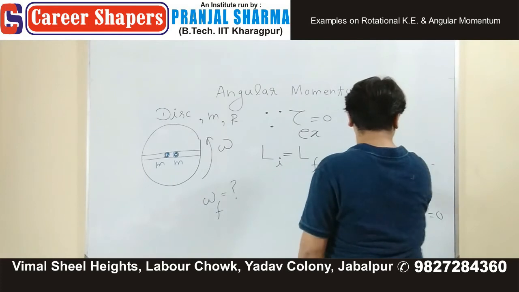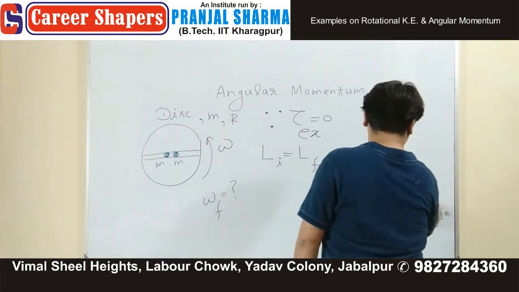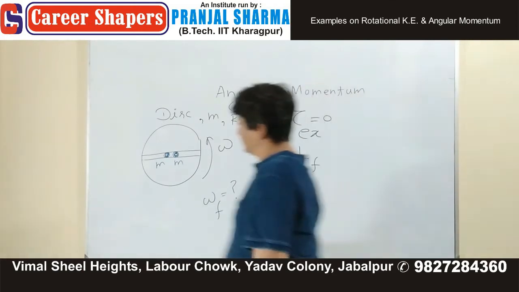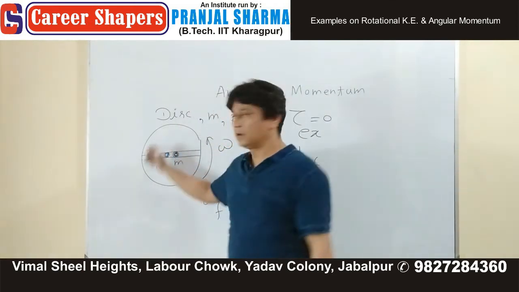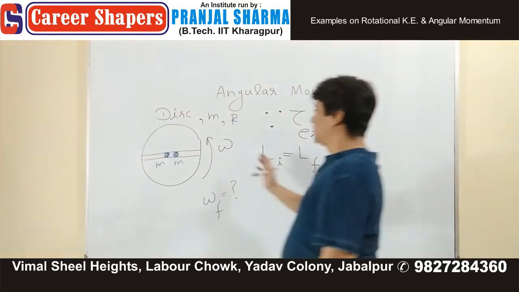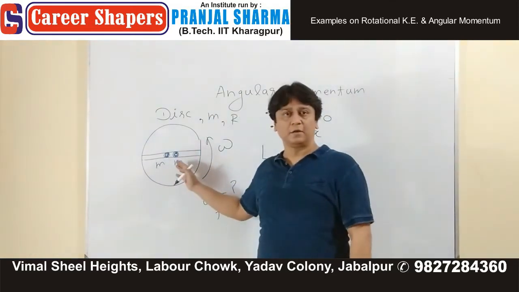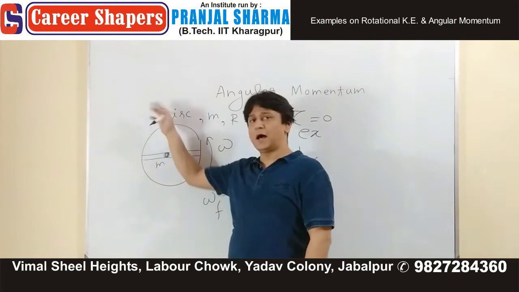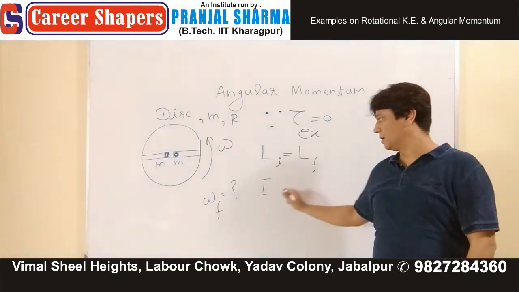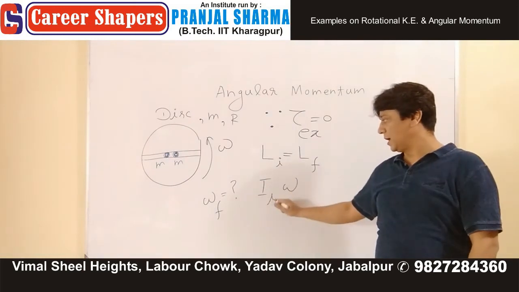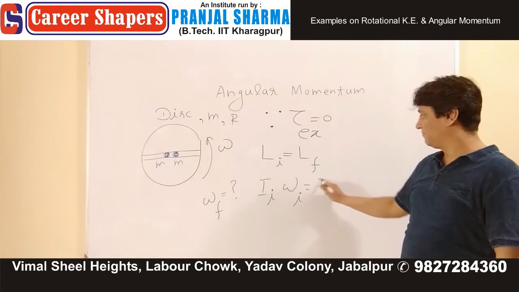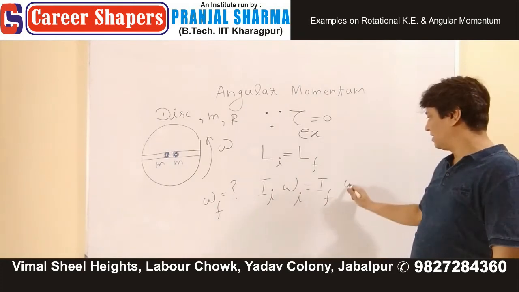You can simply use I omega. Listen again. You can see that everything is going to perform a circular motion. So if circular motion is present, there is no need for you to write R cross P. Use what? I omega. I initial omega initial, I final omega final.